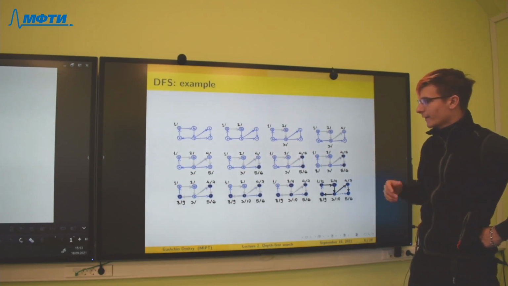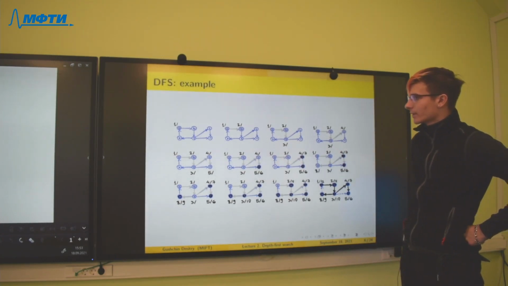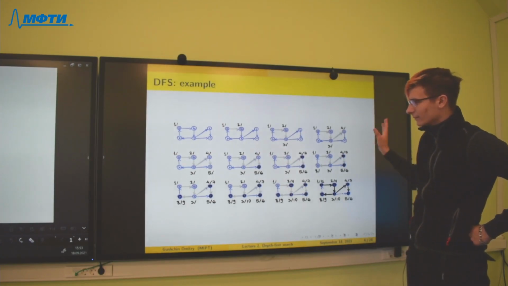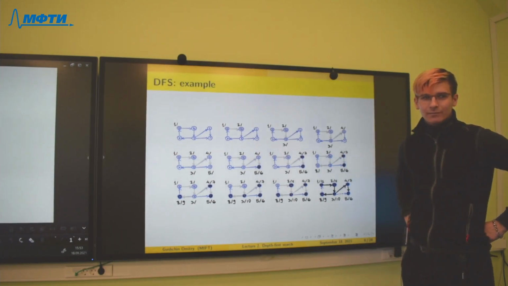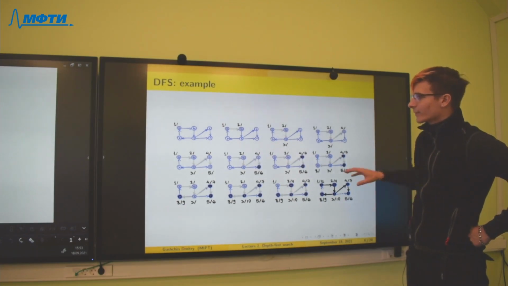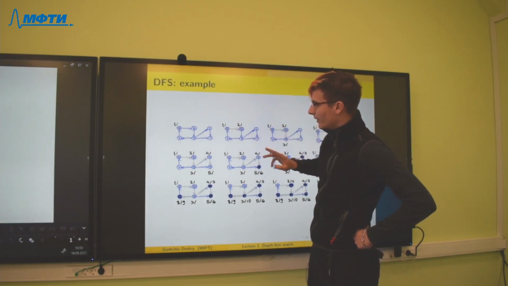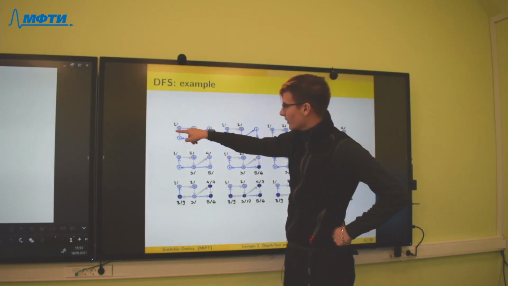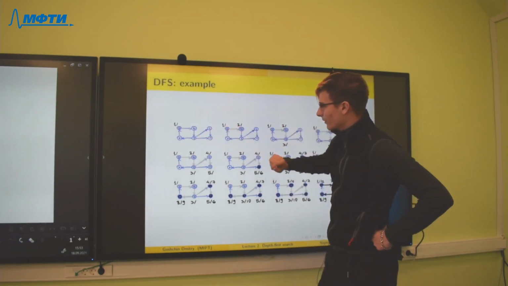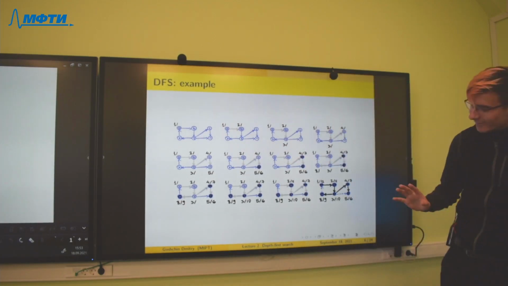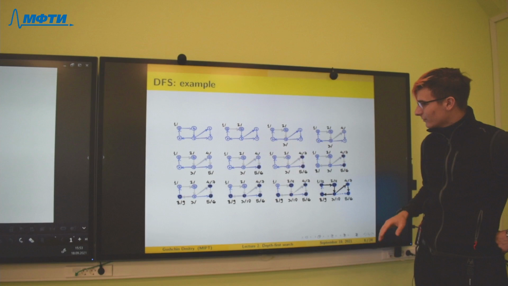And about strongly connected components we will say in some minutes. For example, in this graph we have three strongly connected components: 1, 2, and 3. But of course we will talk about it not now.